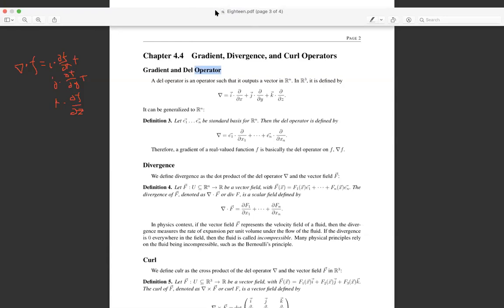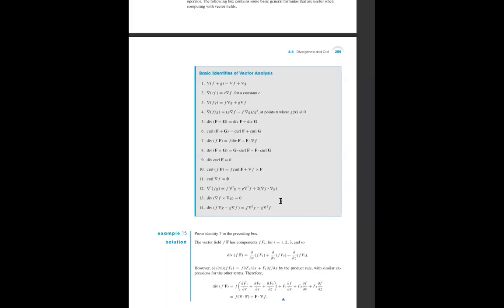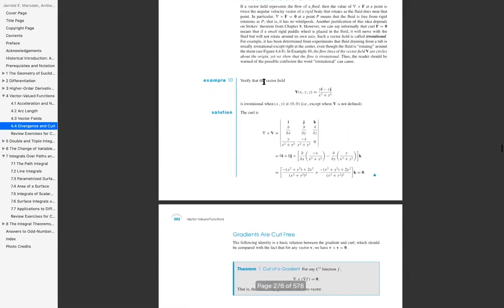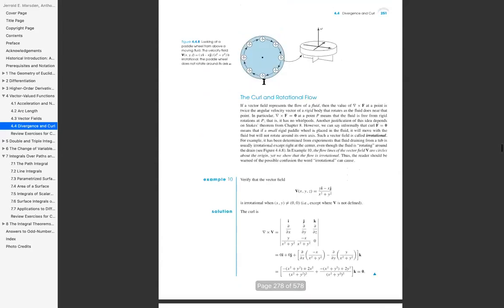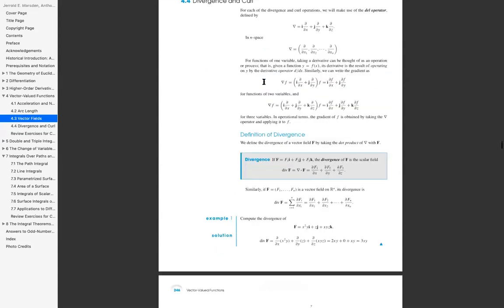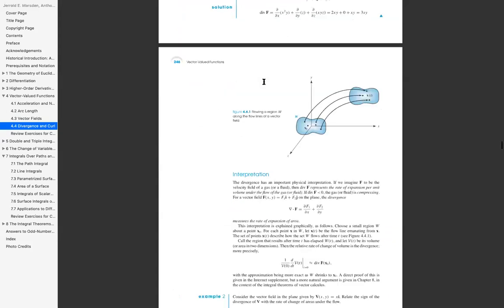So let's do some examples. Let's do the example when we do the divergence first.